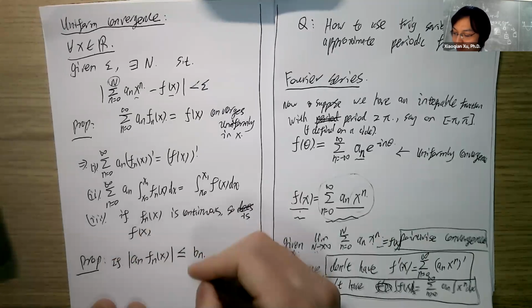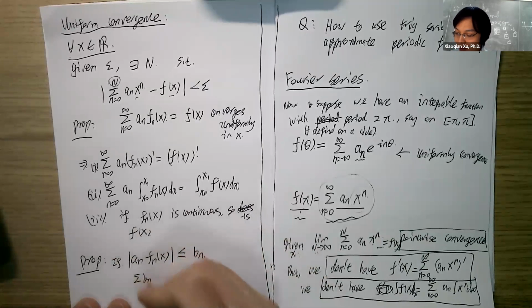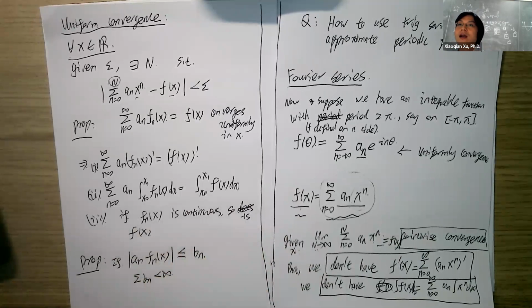Okay, and we have the summation of Bn converge, which means the tail of this sequence, the tail of your series, is uniformly very small, right?